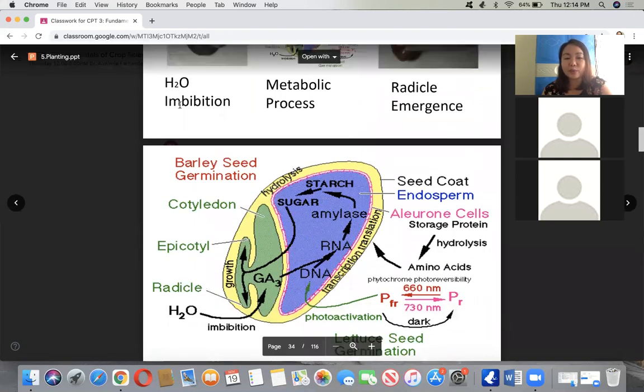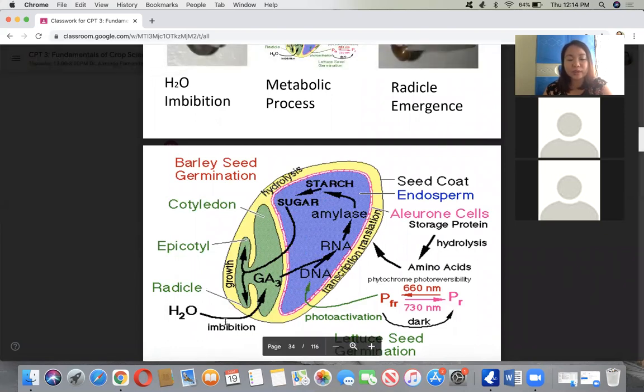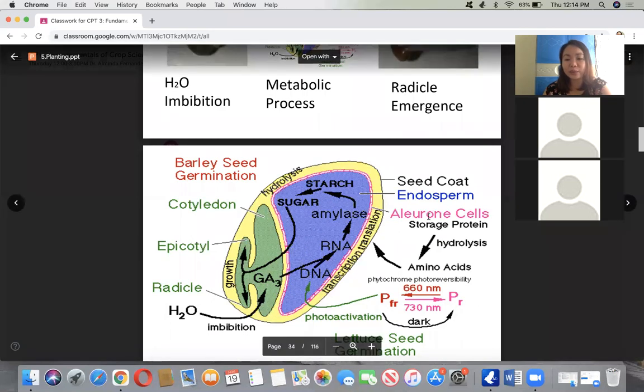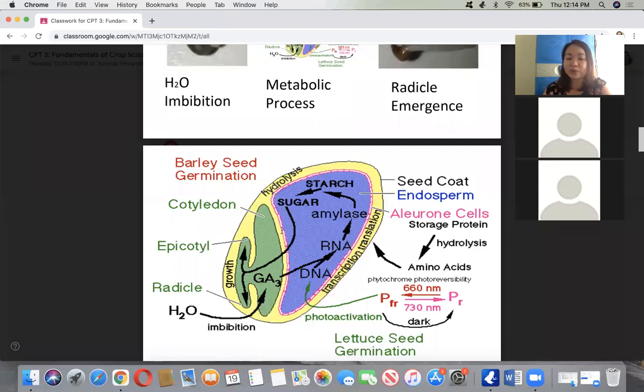It needs water imbibition, and after water is absorbed, that activates the hormone gibberellic acid in the aleurone cells, which are involved in hydrolysis. These are the cells found in the endosperm, and inside the endosperm is where the metabolic process happens.